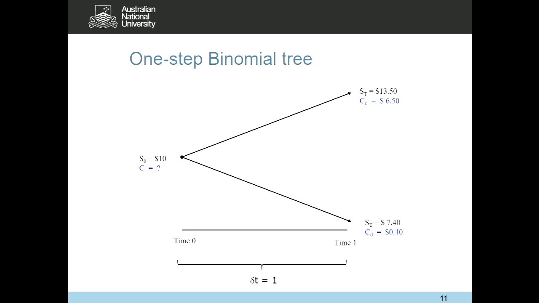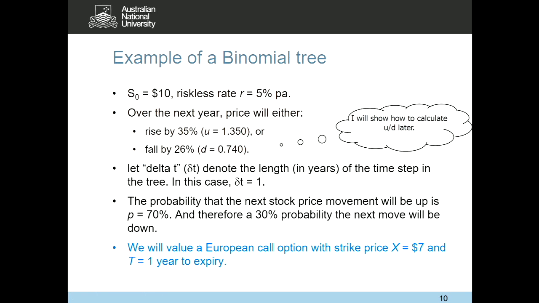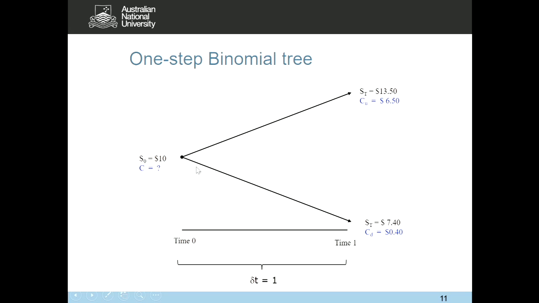Similarly, if the share price goes down, it will go down by 26%. So I simply take the $10, multiply by 0.74, and I end up with a share price of $7.40 in 1 year's time. So only two events can occur, either going up or going down. When the share price goes up, it will go up to $13.50. When the share price declines, it will decline to $7.40. Simple as that, just a one-step binomial tree.